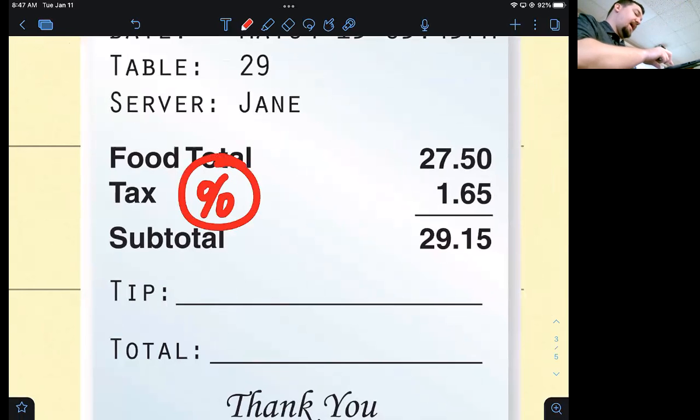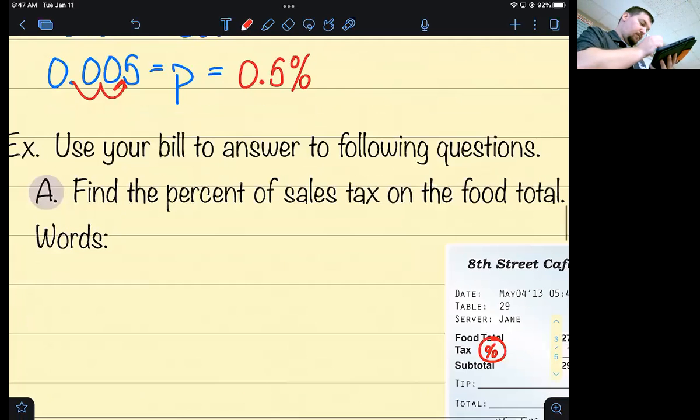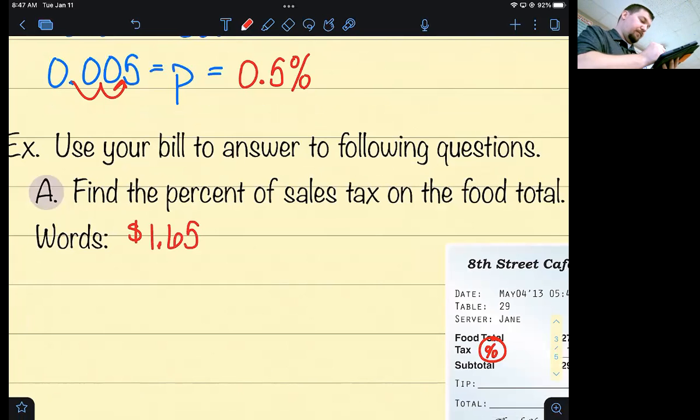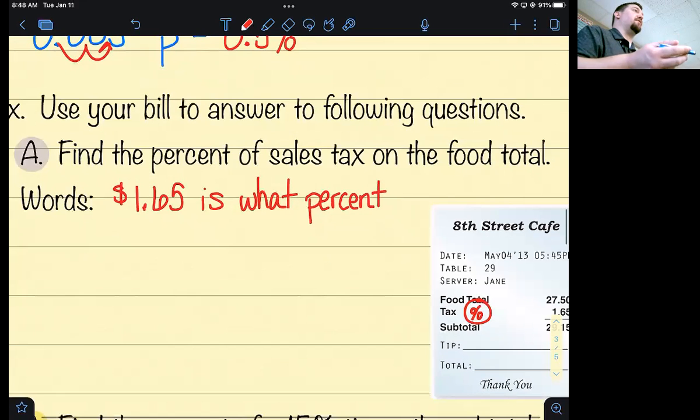So the way that I could word that is I could think to myself, $1.65, that's the sales tax, is what percent? Because I want to know the percentage on the food total.